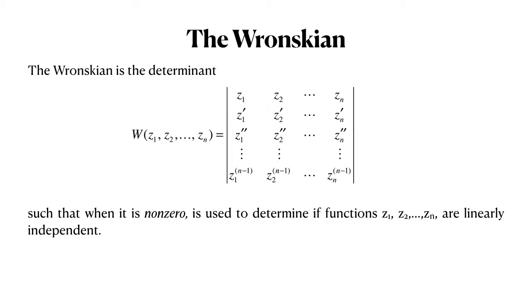And if the value that comes out is non-zero, then we have proved that the set of functions is linearly independent, that these are linearly independent solutions to our differential equation.